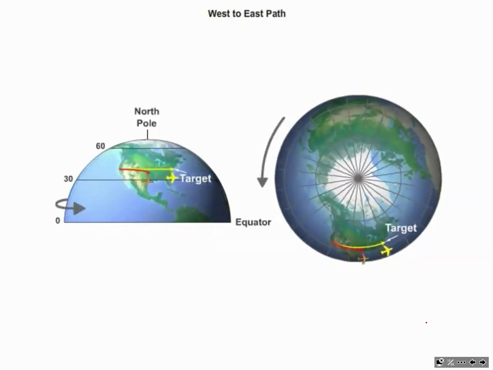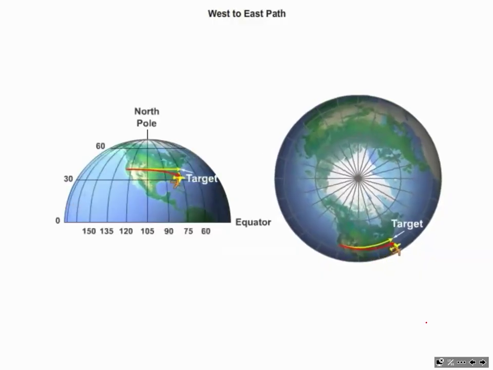Notice that once the airplane begins to move away from San Francisco, its path is deflected to the right by the Coriolis effect. The amount of deflection from the Coriolis effect varies by latitude. The deflection is greatest at the poles and diminishes toward the equator. At the equator, there is no Coriolis effect deflection.